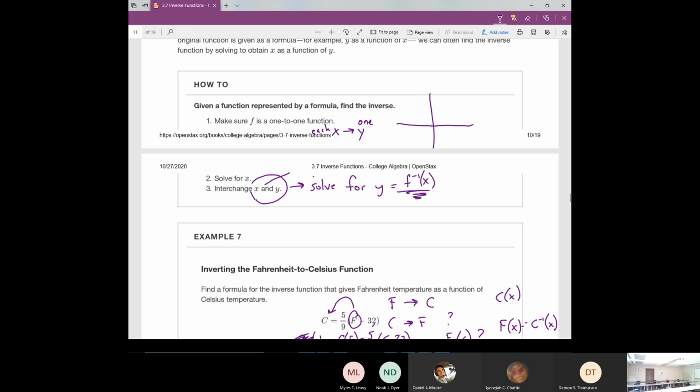For example, a one-to-one function: given any particular x, I know I have a specific y. And I actually didn't write this very well, because this quick example does fail the horizontal line test. Here this x gives me this y, and this x gives me the same y. This is not one-to-one.